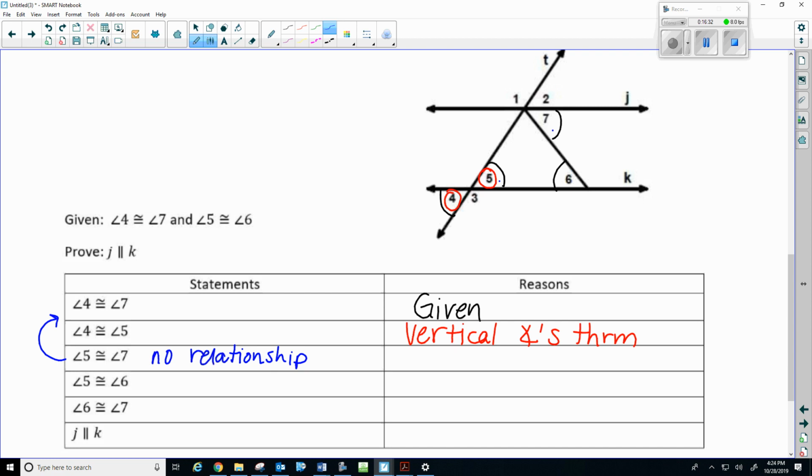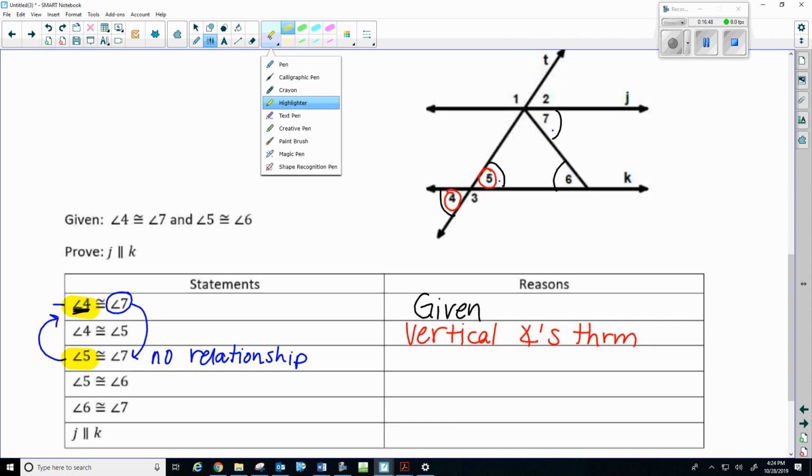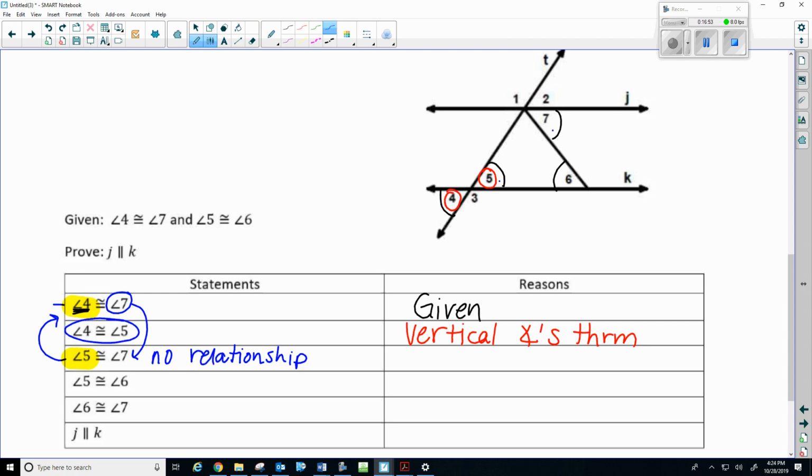So the first thing we have is the first one we stated, angle 4 is congruent to angle 7. I want you to notice that angle 7 is still there, but angle 4 is no longer there. Angle 4 has been replaced with angle 5. And we can replace that because of this statement right here.